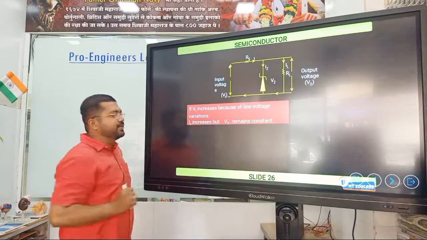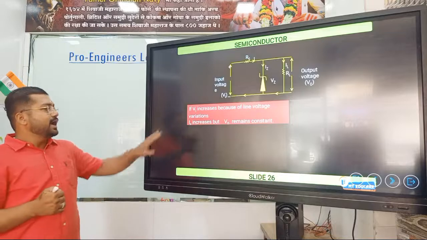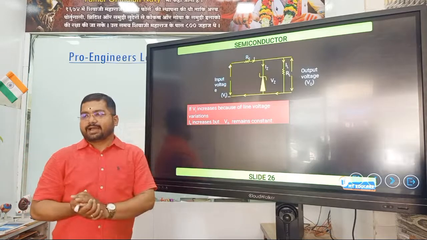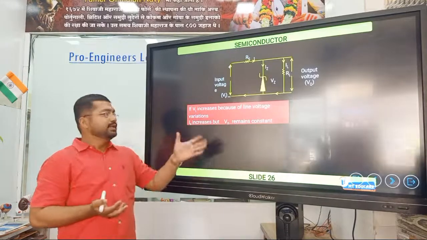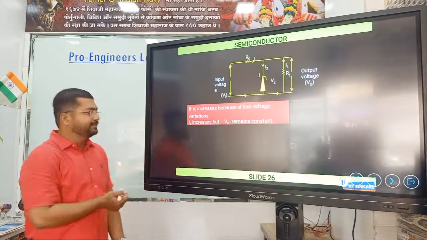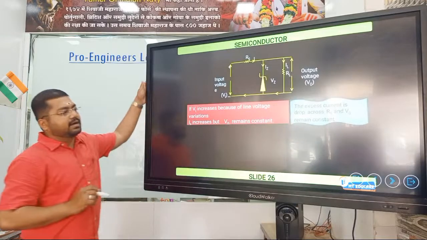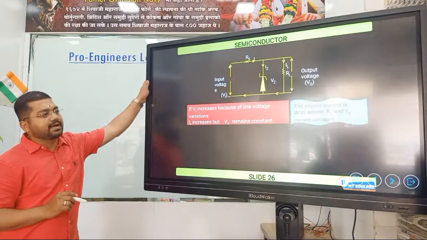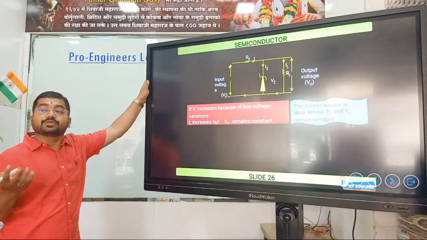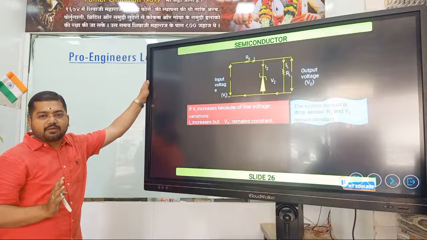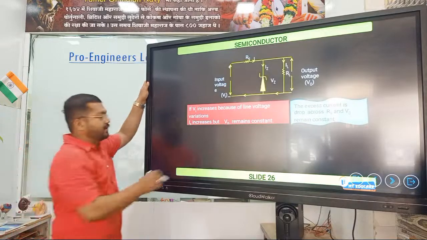VI increases because of line voltage variations. IZ increases but V0 remains constant. IZ बढ़ेगा but V0 constant रहेगा. The excess current is dropped across RS and V0 remains constant. कैसे constant होगा? क्योंकि excess जो भी current है वो RS में चला गया, बचा हुआ VZ को constant करेगा.